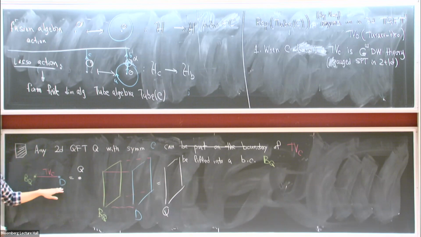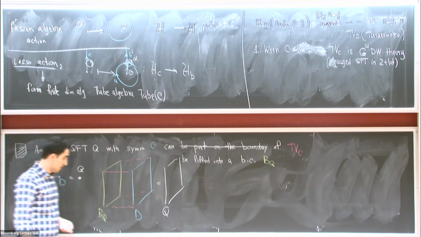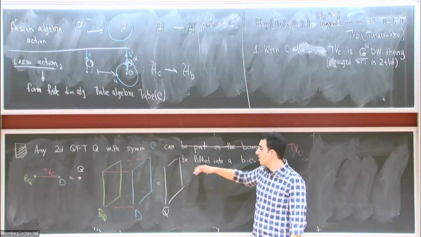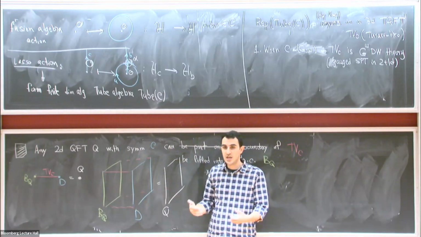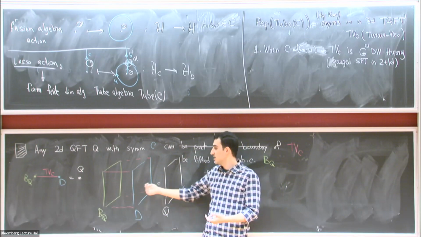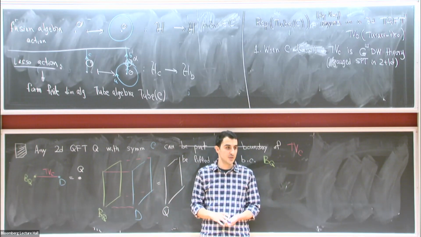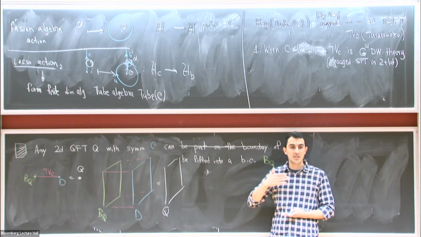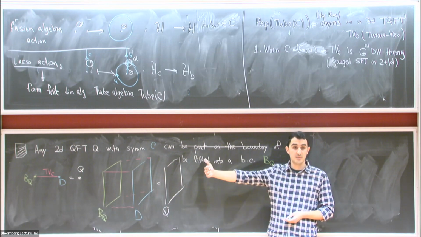So this Dirichlet boundary condition. When my symmetry is invertible, I told you that the bulk is just gauge theory, and this is literally the Dirichlet boundary condition for the gauge field. And we know that for the Dirichlet boundary condition, the gauge group becomes a global symmetry on the boundary.